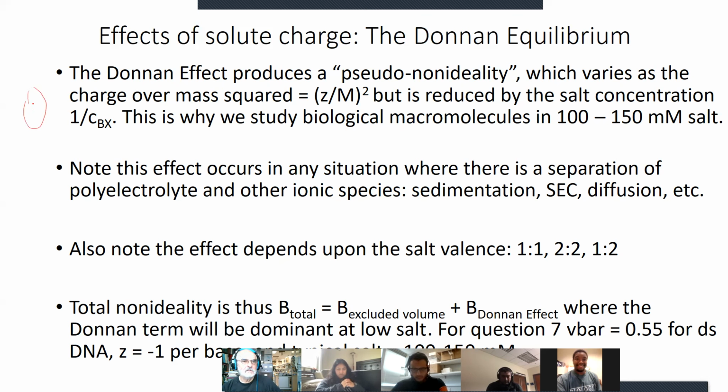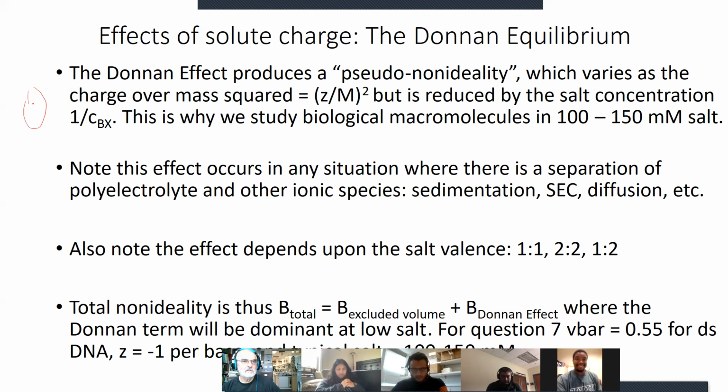And the charge on the protein is what causes this to happen. However, anytime you separate protein from a buffer, then you will have a reequilibration across that concentration divide.